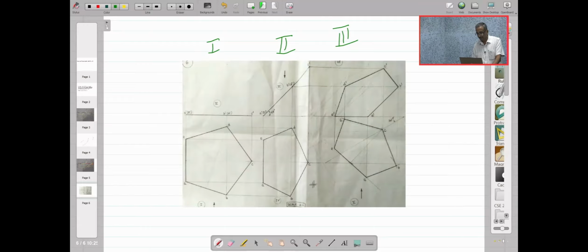I have just changed the position of this top view to this position. Once I have this top view, I have drawn the front view. So now I have completed the projection of planes using the main drawing sheet. I hope it's clear to you. So we understood the projection of lines as well as projection of planes using this problem. Thank you.